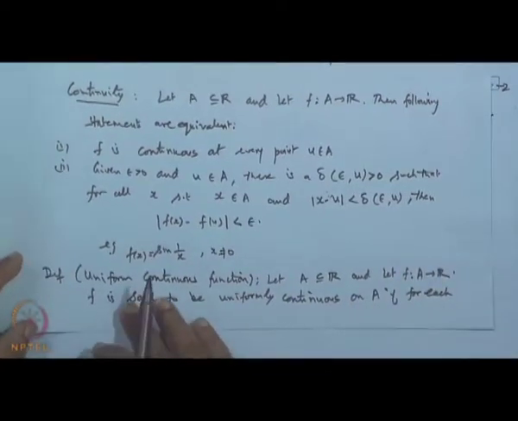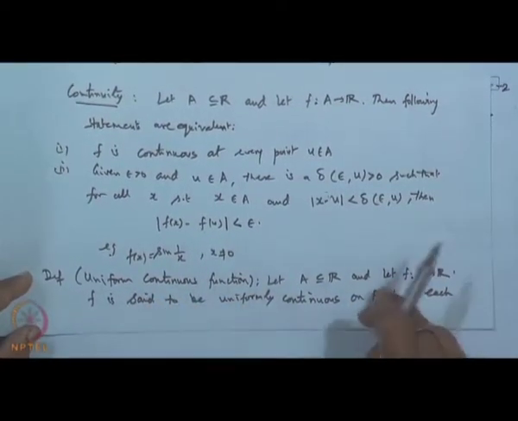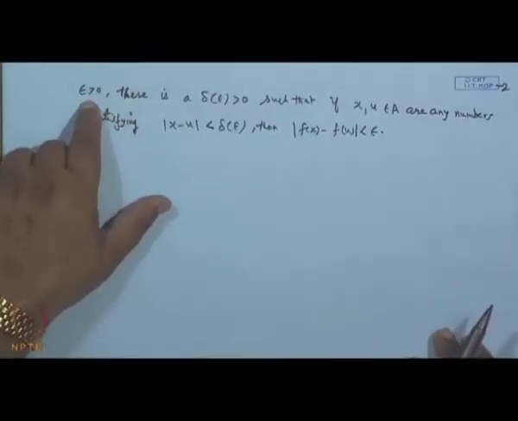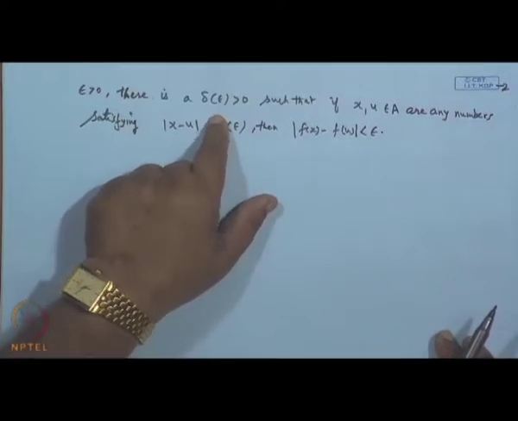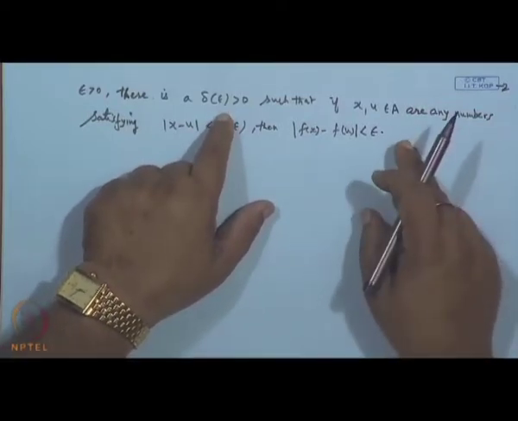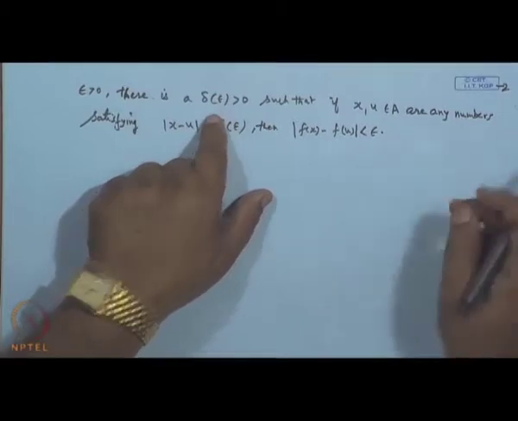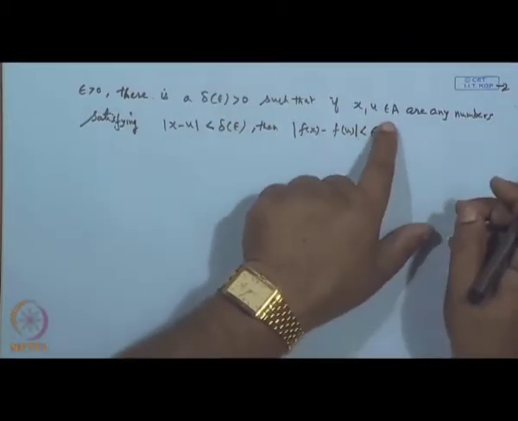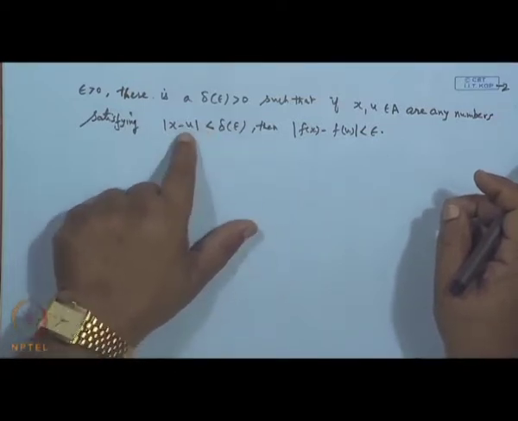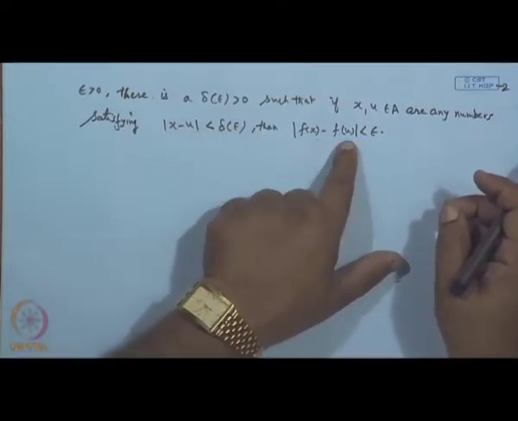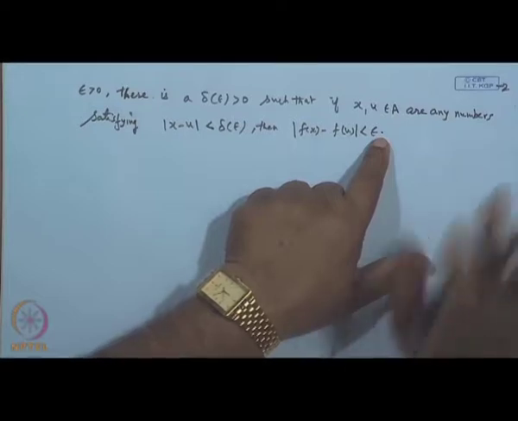So, we mean that for any epsilon greater than 0, we are able to get a delta which is independent of the points of the set A, such that whenever we pick any two arbitrary points in the delta neighborhood, then the corresponding fluctuation f x minus f u will remain less than epsilon.